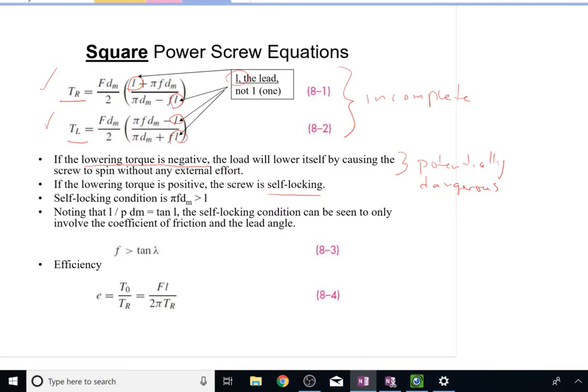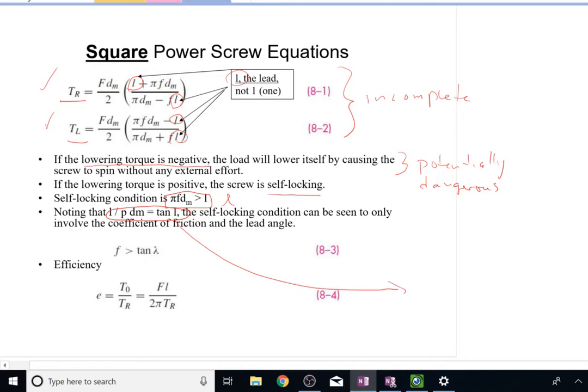So the self-locking condition, as stated in the book, is pi f d sub m is greater than L. Again, this is an L. F is the coefficient of friction, d sub m is the minor diameter, and L is the lead. This equation got all screwed up.